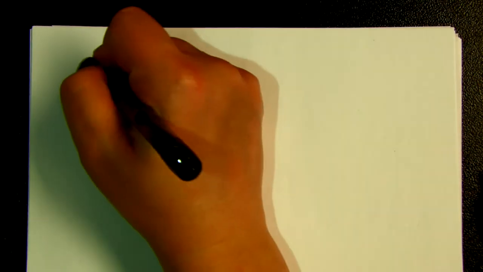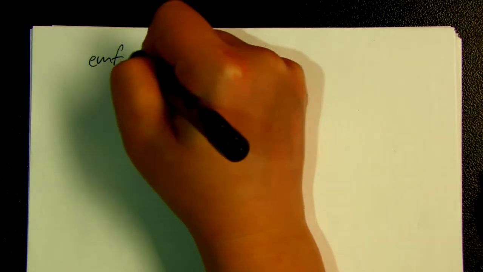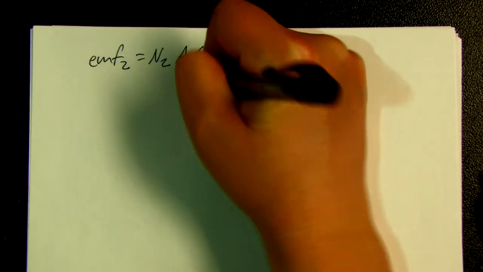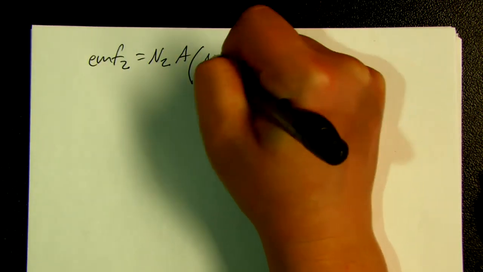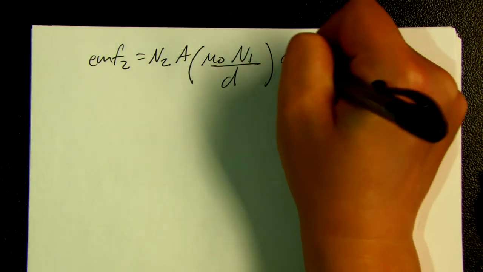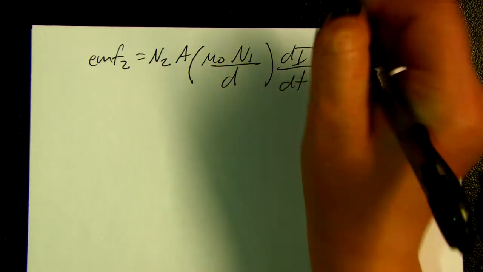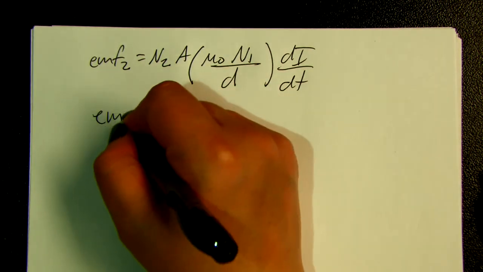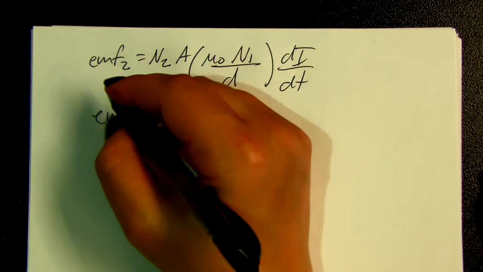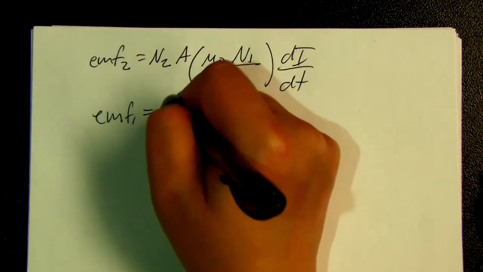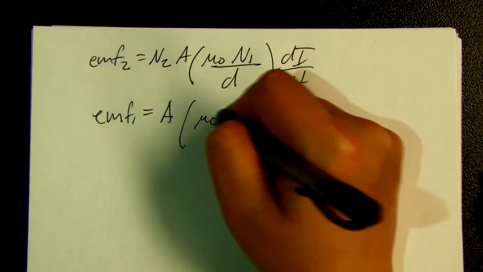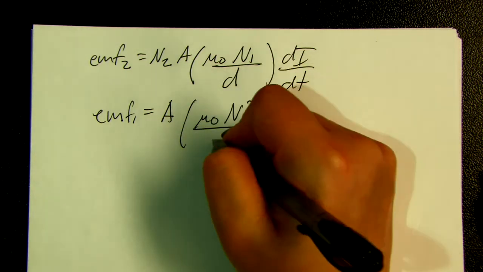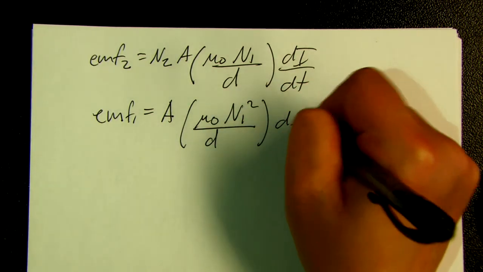So the EMF of 2 is equal to N2 A mu naught N1 d i/dt. And EMF 1 is mu naught N1 squared d i/dt.